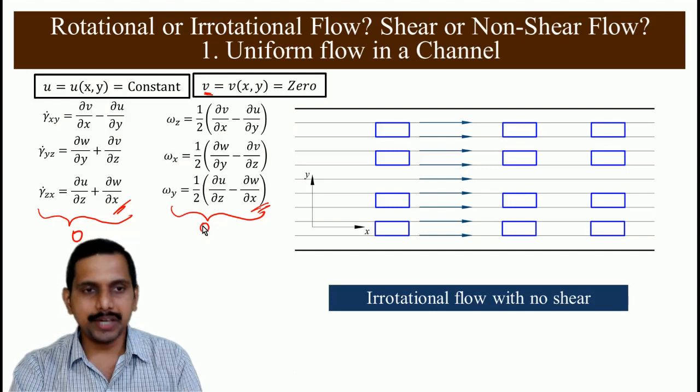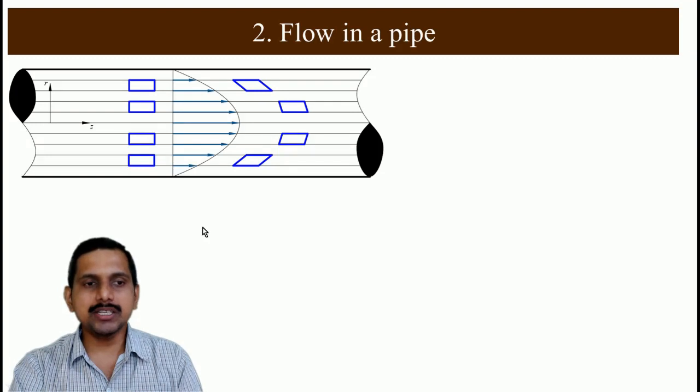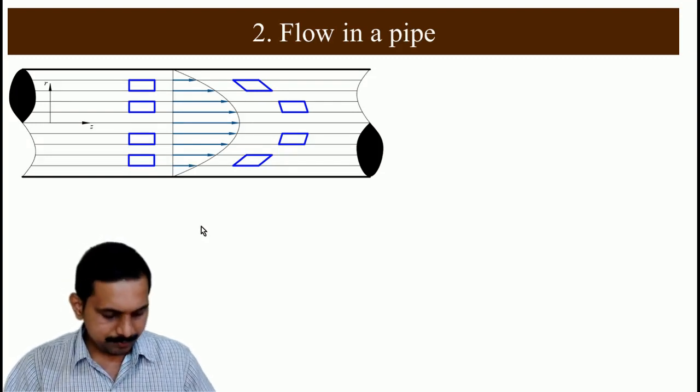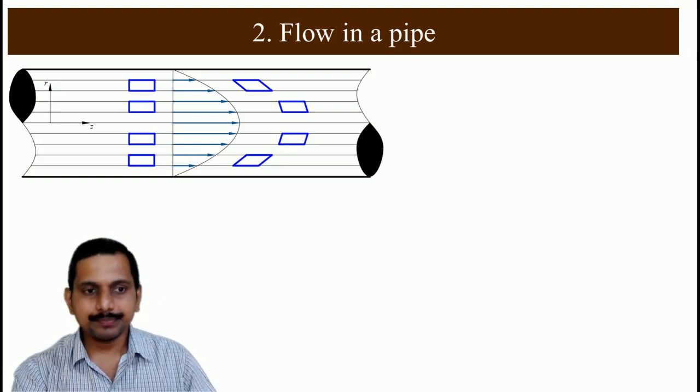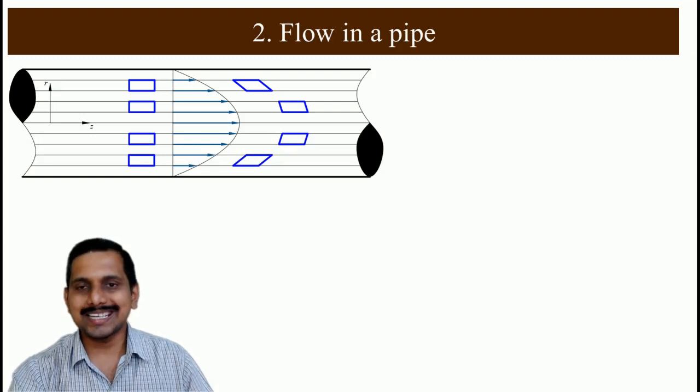Now next, let us consider flow in a pipe. When we consider flow in a pipe, we take cylindrical coordinate system here and we take velocity as a function of r, theta and z. Since the pipe is circular in cross section, we are showing the RZ plane here.